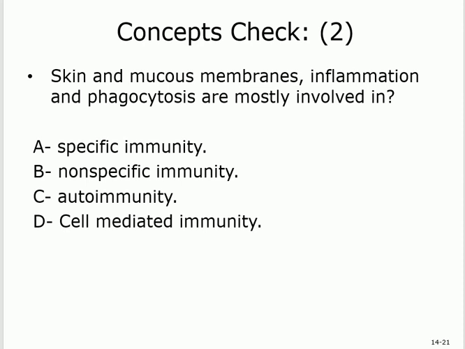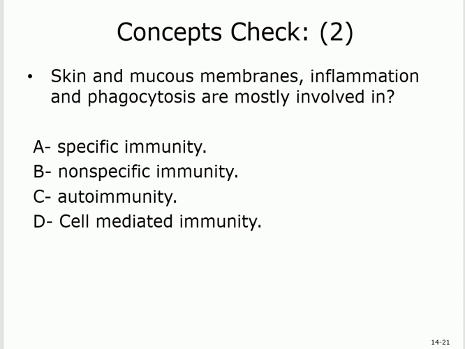Okay, can you answer this question? Non-specific, yes. And is this first line or second line? Second line. Are you sure? This is all second line? So this is a mix.